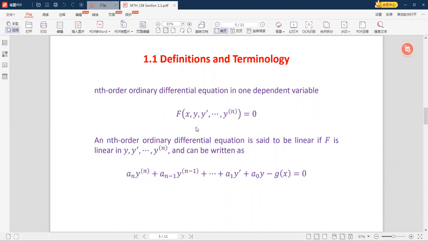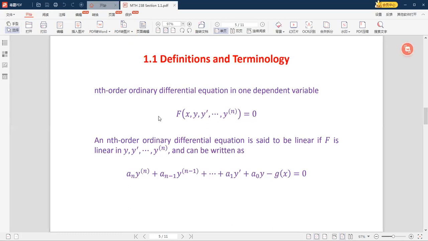And then we have a dependent variable y. So this equation only has two variables, independent variable x and dependent variable, or function, y. But it also involves all the derivatives of y from the first derivative to the nth derivative.